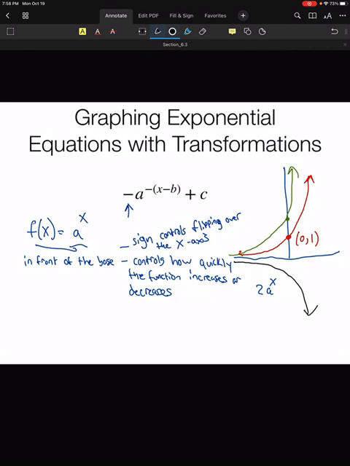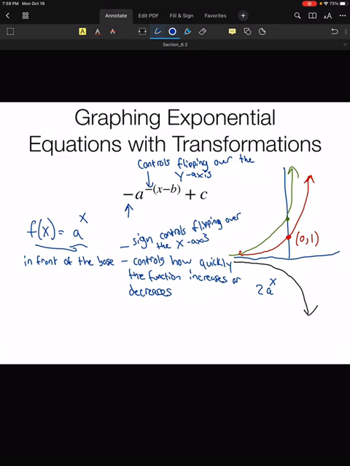Hopefully that made sense. Now, for the second part, we have the sign in front of x, this sign. It controls flipping over the y-axis.